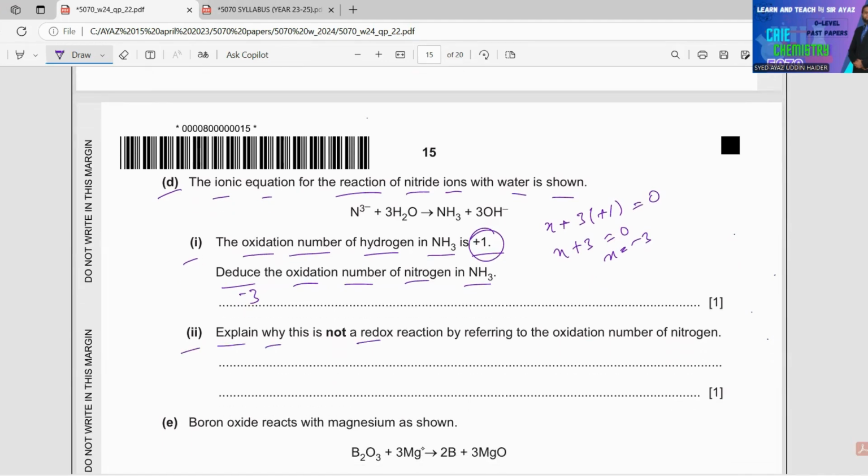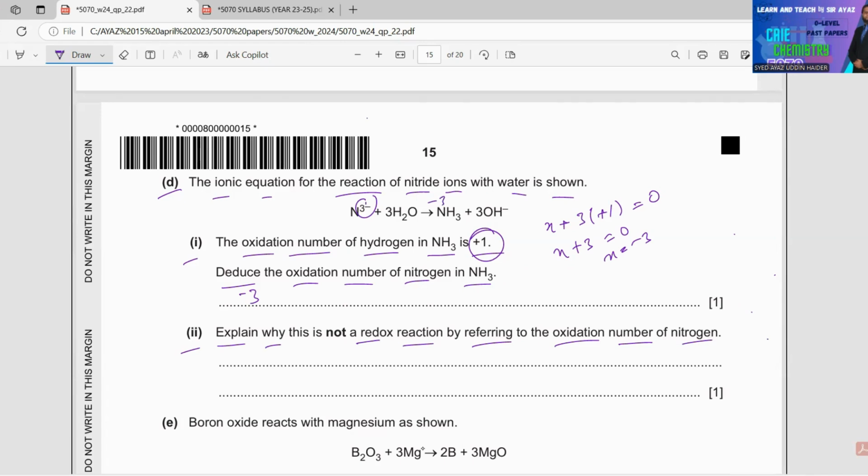Explain why this is not a redox reaction by referring to the oxidation number of nitrogen. Look at the oxidation number of nitrogen. It's minus 3 here, or 3 minus here. So it's not a redox reaction.